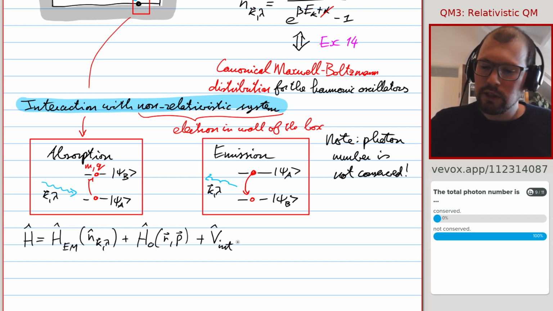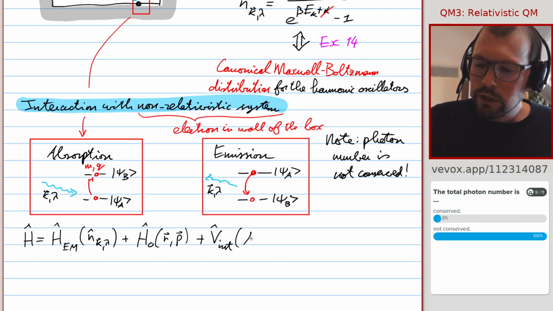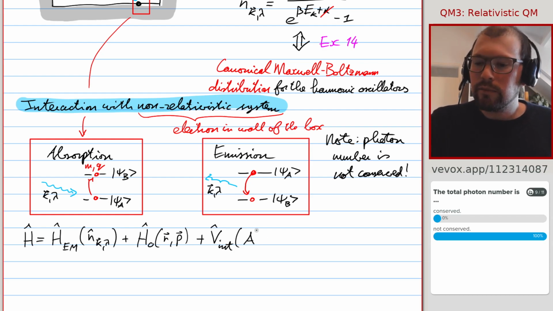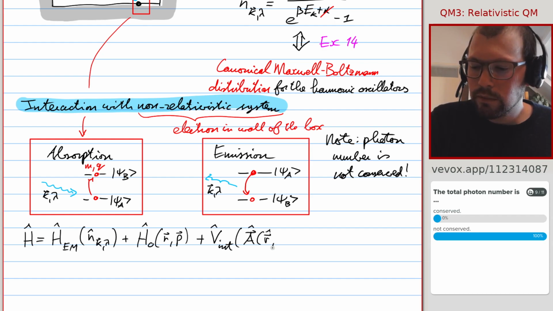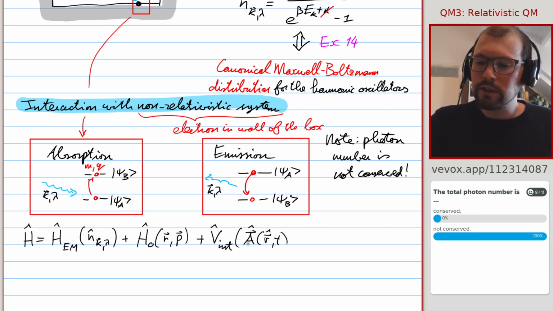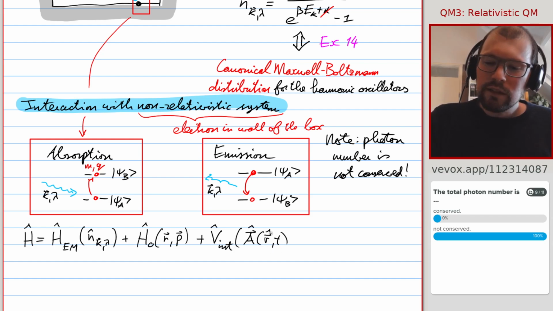So let's denote that by V interaction, which will depend on the vector potential, which is an operator. But it will not just depend on the vector potential at any point, but only at the point where the particle is. So the position of the particle is an operator itself, so we have to put a hat on it.